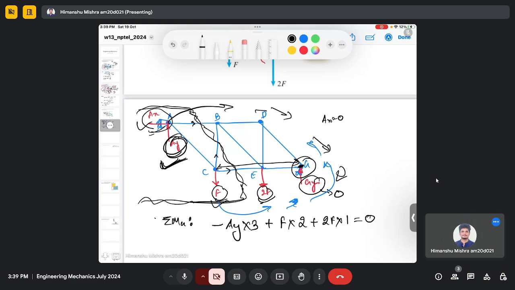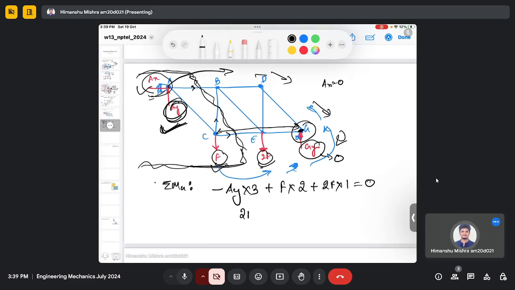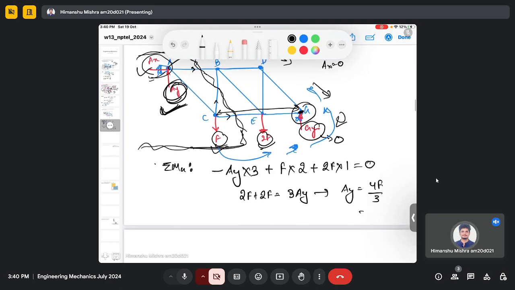So this will be 2F plus 2F equals 3Ay. So I will get Ay as 4F by 3, which is 1.33 F.